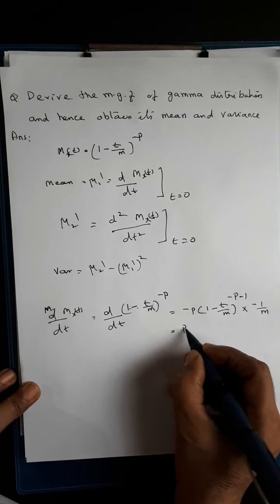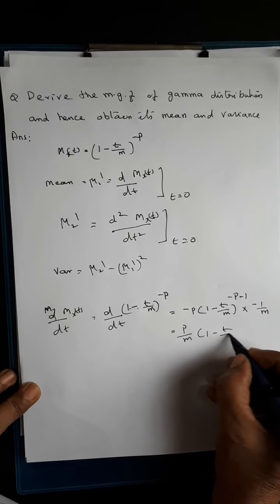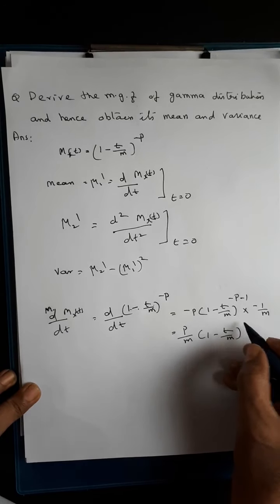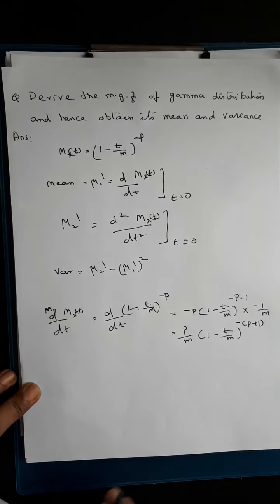So this is p by m into 1 minus t by m raised to minus p plus 1.